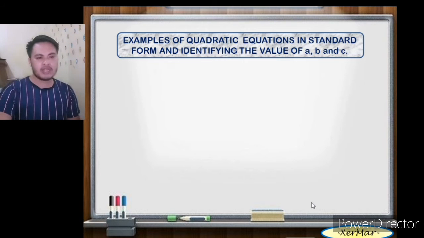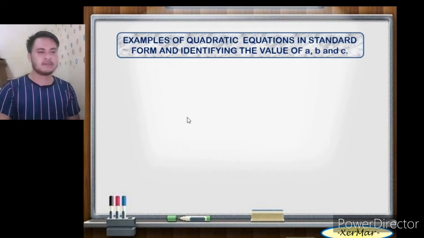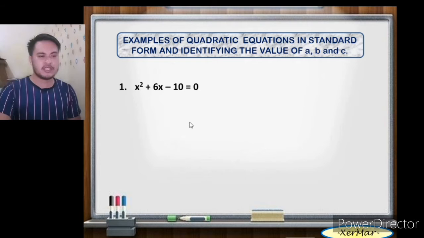Examples of quadratic equations in standard form and identifying the values of a, b, and c. Okay, we have the first one. x squared plus 6x minus 10 equals 0. What would be the values of a, b, and c respectively?